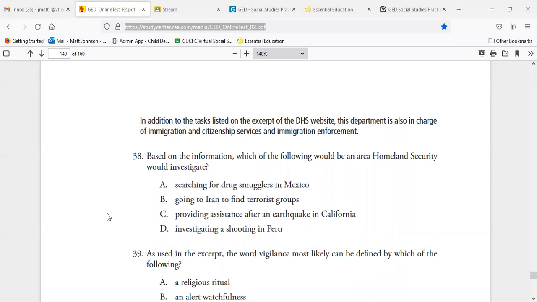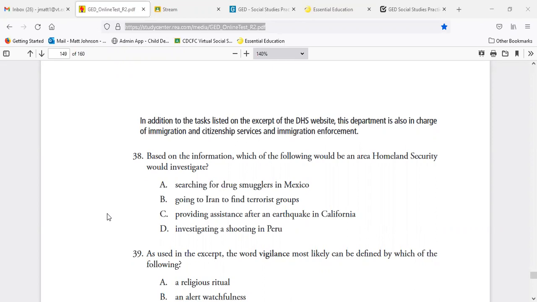D, investigating a shooting in Peru. Providing assistance after earthquake in California.